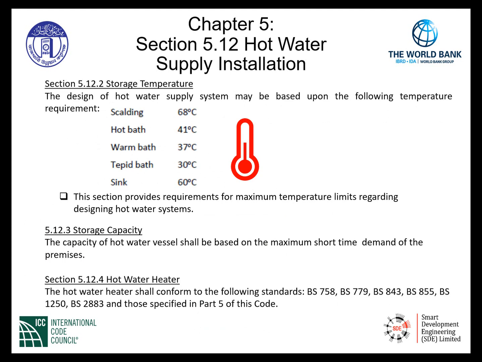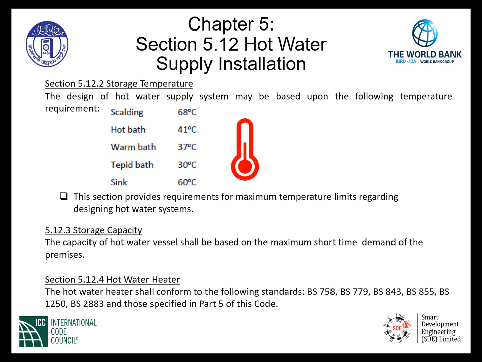Storage temperature requirements are given in Section 5.12.2. The design of hot water supply system may be based upon the following temperature requirements. We note that scalding is a minimum temperature occurring at 68 degrees Celsius. Hot bath, design of the hot water supply for this particular application, has a maximum temperature of 41 degrees Celsius.